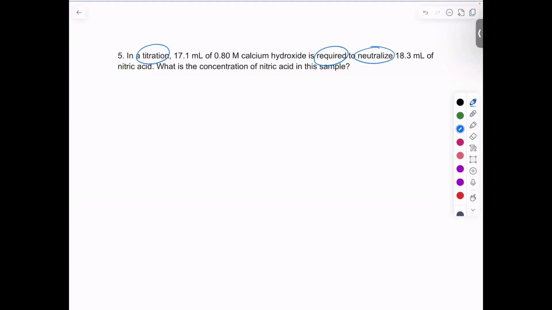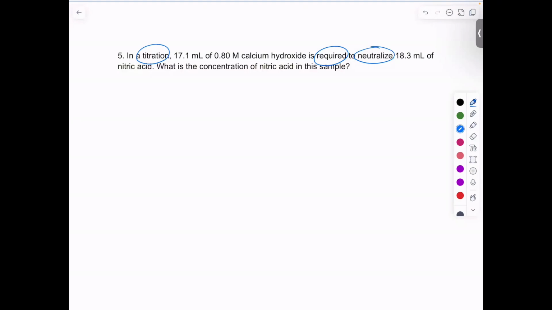But they want to know, given these 3 pieces of data, the volume of our base, the molarity or concentration of our base, and then we're given the volume of a particular acid, what would be the final concentration of our nitric acid in this example. So again, keywords: titration, required to neutralize.